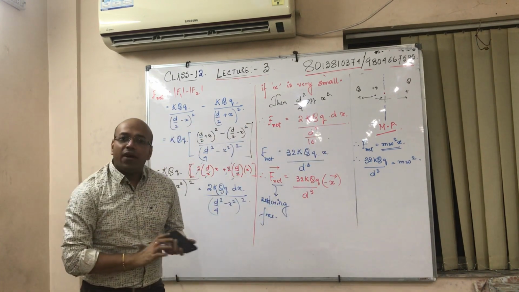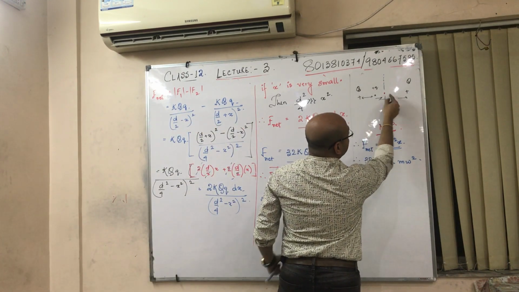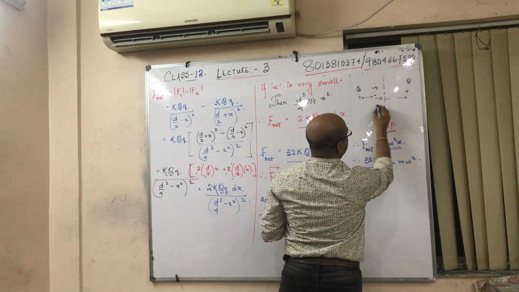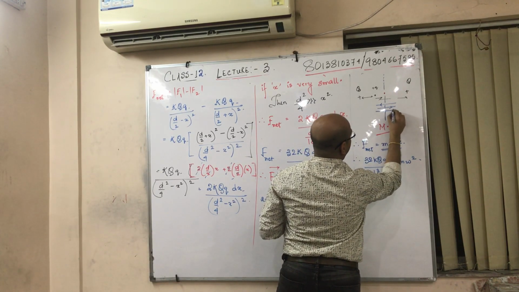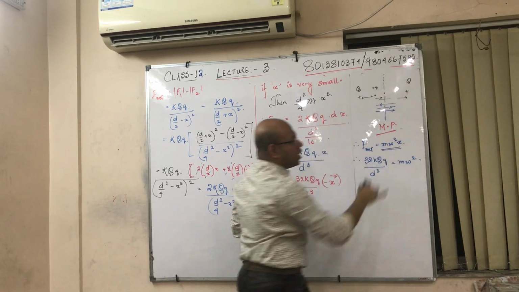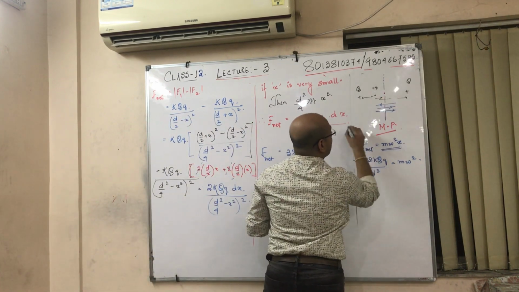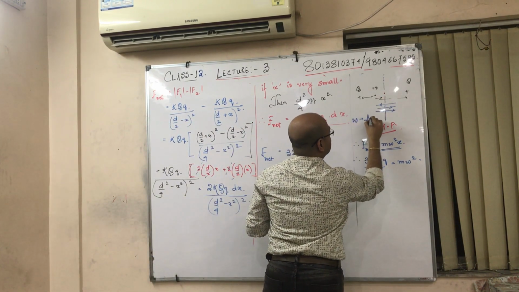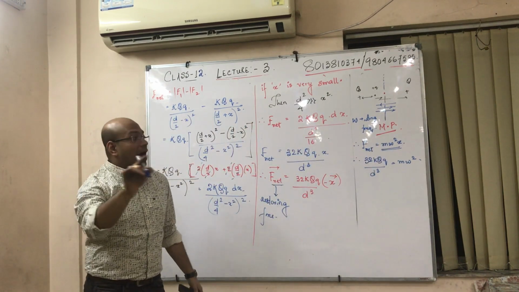Sir, what does it signify? That means it won't stop over here. This small plus q charge will do what? It will do SHM about the mean position with omega as angular frequency.